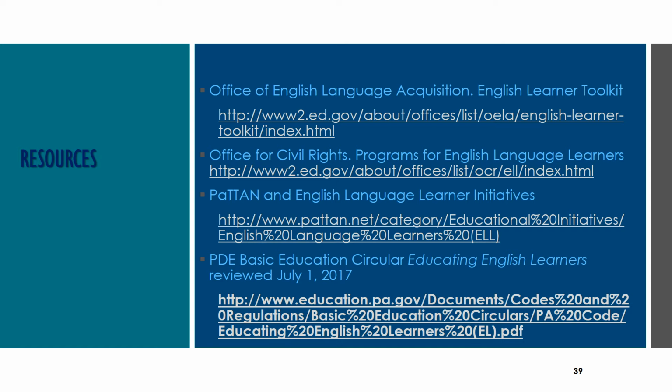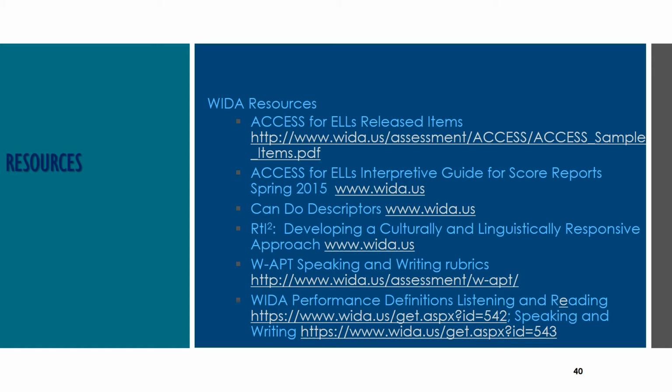So the Office for Civil Rights is an excellent resource to enlighten leadership about the necessities of these children. There is also the PDE Basic Education document, Educating English Learners. You can access that document. The address is there. For WIDA resources, I have put all of that here for you to use as part of your program development.